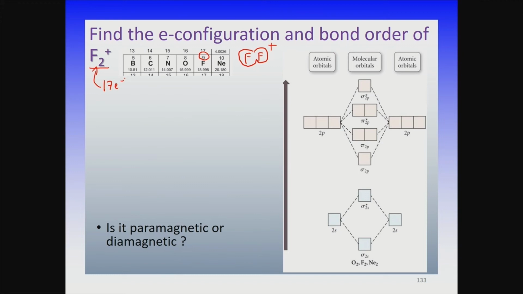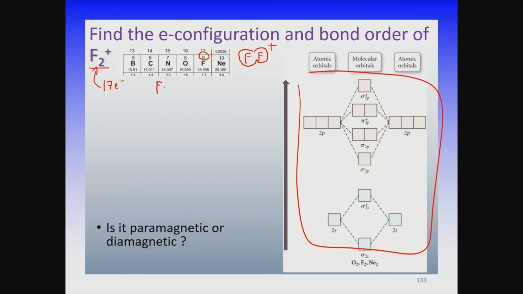However, we're going to use this diagram over here to figure out the electron configuration of the molecule. And here, we're only going to fill in valence molecular orbitals. So we're only going to count valence electrons in this molecule.